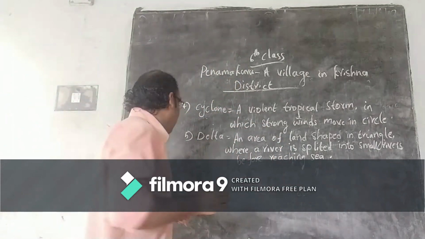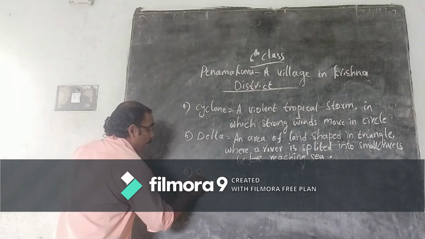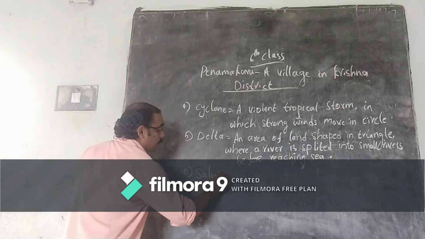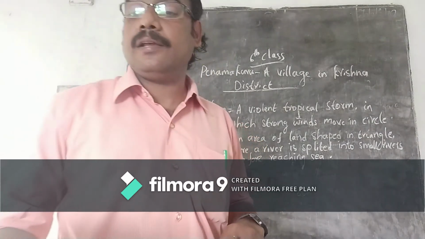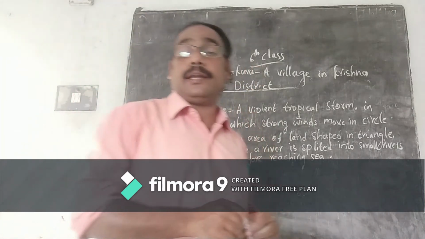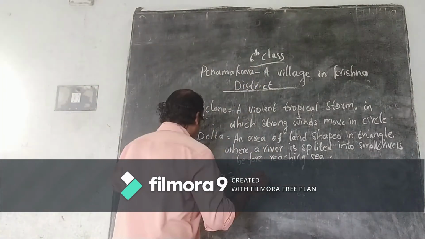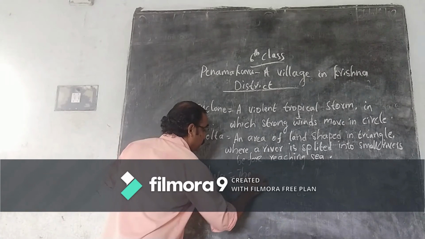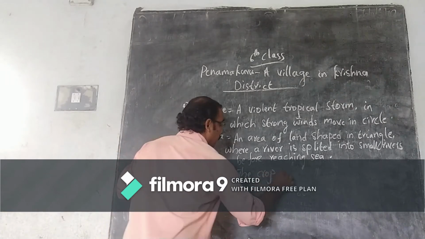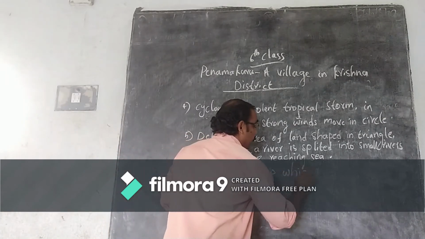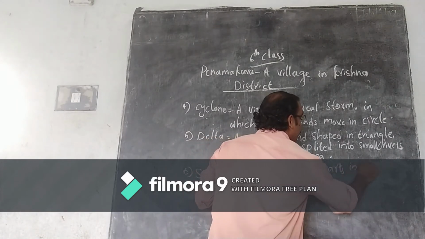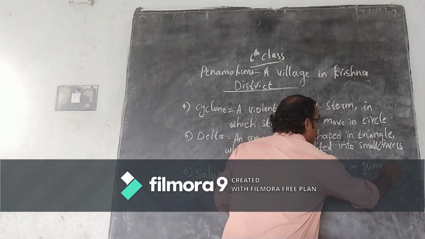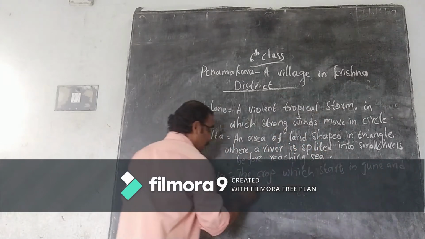Next, Salva and Dalva, two important words which we are learning. So Salva, what did I tell? The crop which starts in the months of June and July.